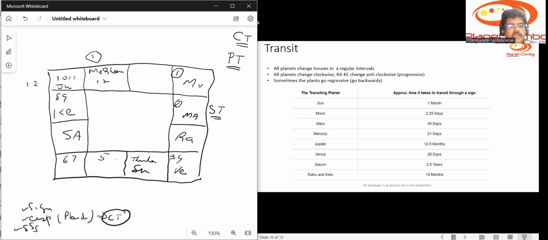We also introduced the concept of SSS, correct? SSS, what does it mean? Every sign has 30 degrees. It's divided into stars, and the stars are divided into subs, okay? We also explained how this movement from star to sub happens. We explained the concept of the dasa cycle, which is 120 years. We calculate the weighted average of the dasa cycle, which is, let's say for Ketu, 7 by 120.